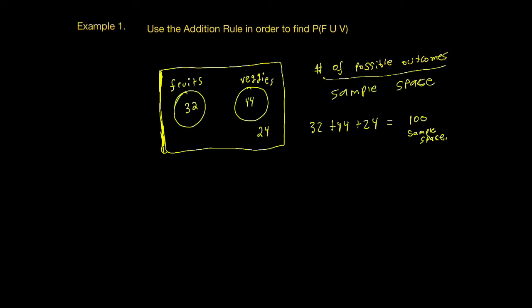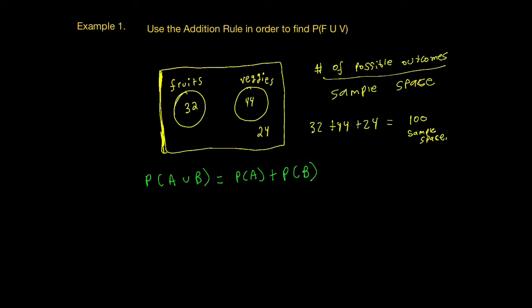So here I'm actually going to write the skeleton. So my skeleton here is probability of A or B equal to the probability of A plus the probability of B. I don't need to subtract the intersection because no intersection exists.